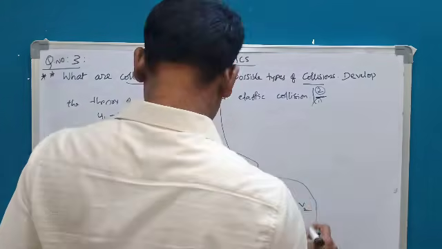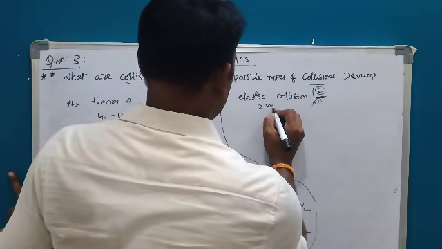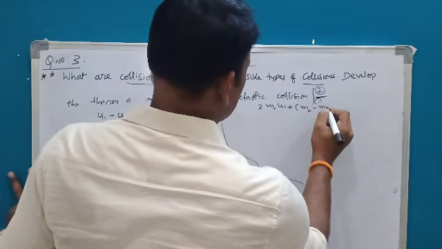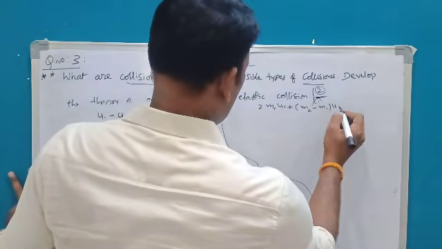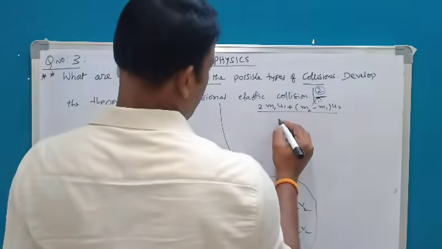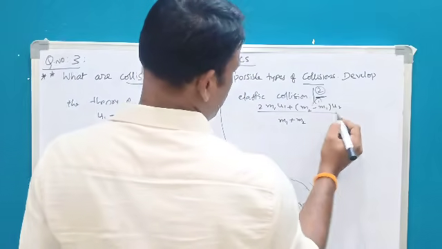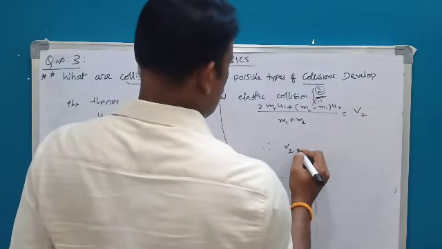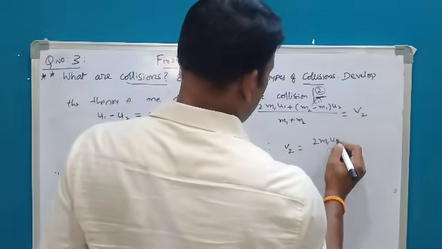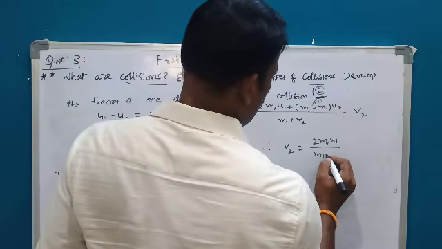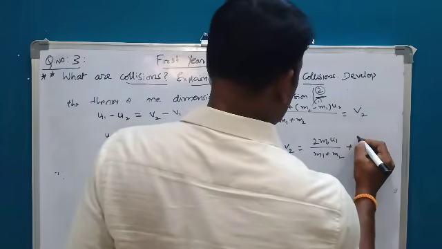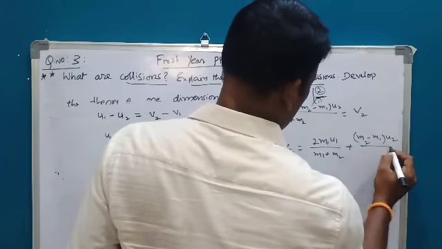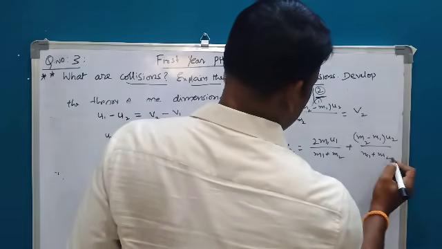You need v2, so what you need to do? 2 m1 u1 plus m2 minus m1 u2 by m1 plus m2, that is equals to v2. Therefore v2 is equals to, separating the denominator, nothing is going to happen, 2 m1 u1 by m1 plus m2 plus m2 minus m1 u2 by m1 plus m2.